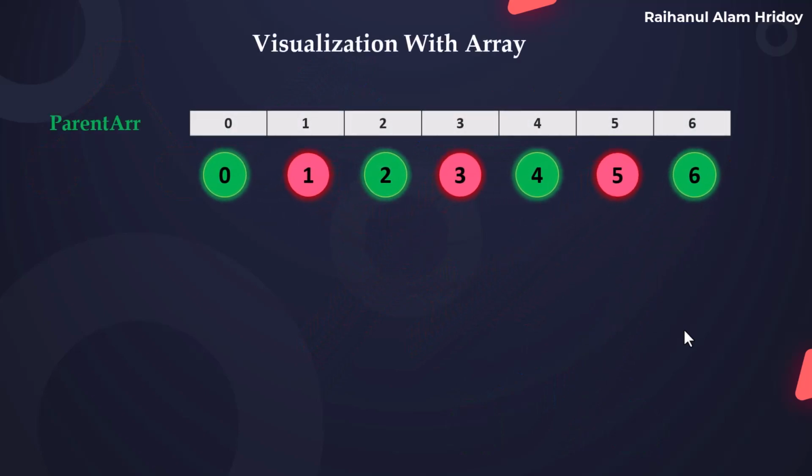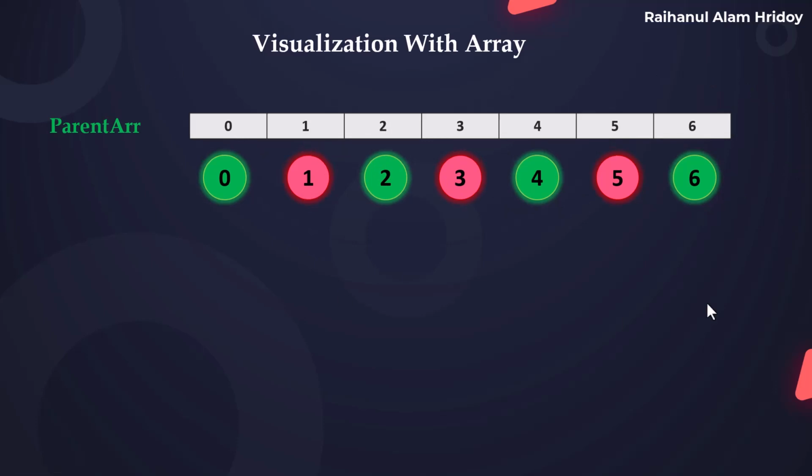Now suppose we wish to visualize using arrays. In most of the cases, the input will be given in array structure. So we need to clarify and understand this. We first construct the parent array where each element points to itself. You can see it from here. Suppose these are the indices, and 0 is pointing to 0, 1 is pointing to 1, 2 is pointing to 2, 3 is pointing to 3, and so on.